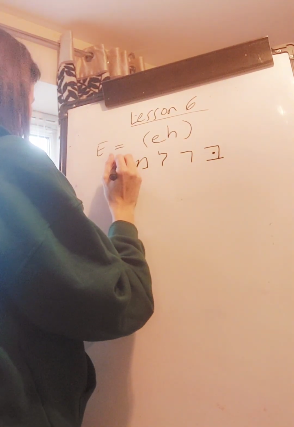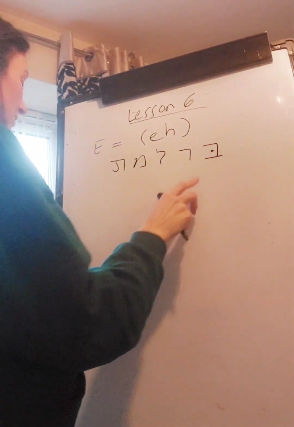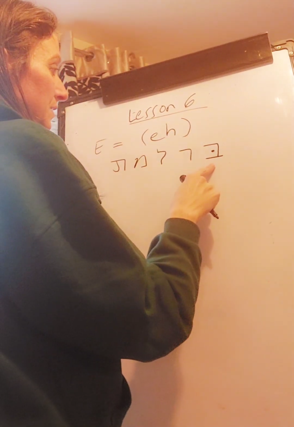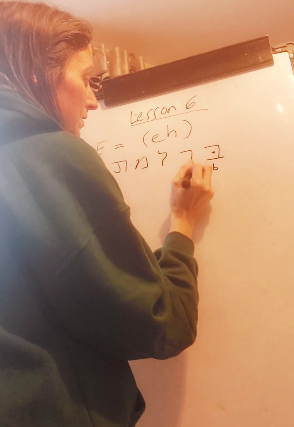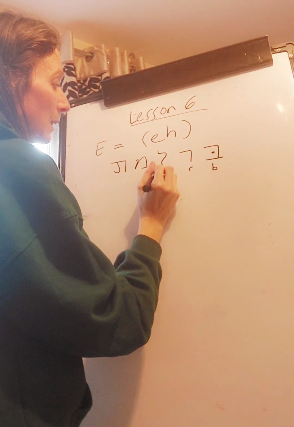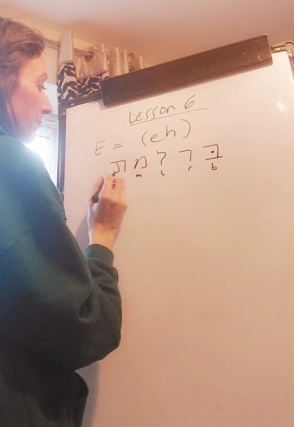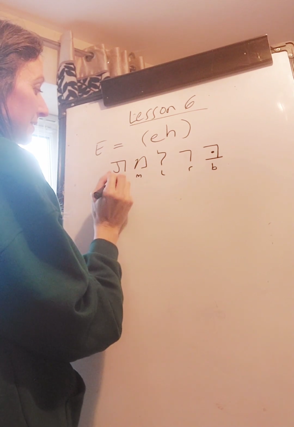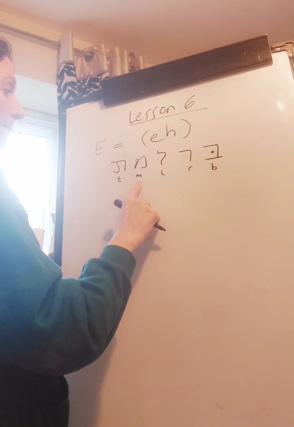So these are the letters we've done in previous lessons. Okay, so if you say the sound, so this is the Bet, it's the B, resh, lamed, the mem, and this is the tav, T. So that's the sound of the consonants, ba, and tap.